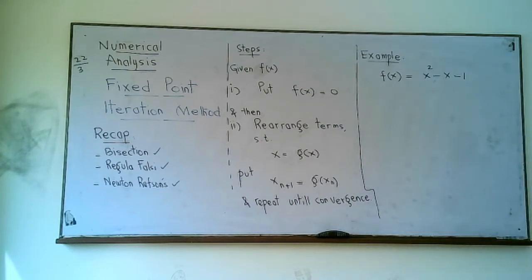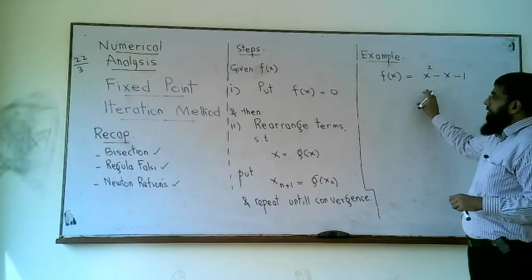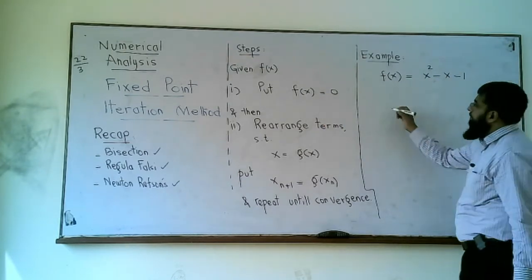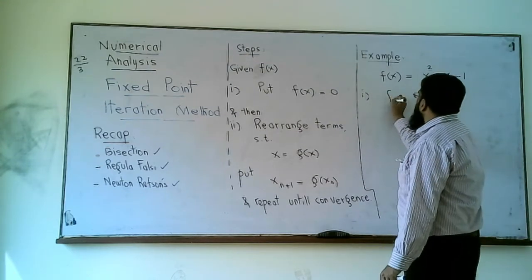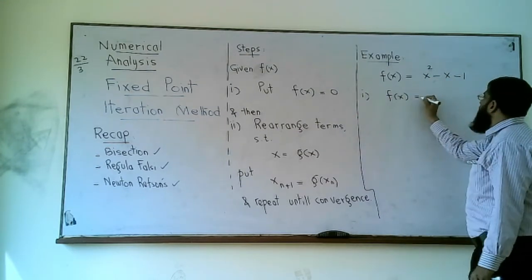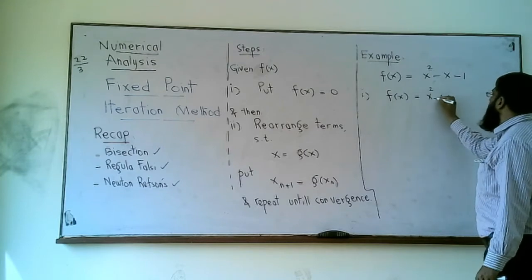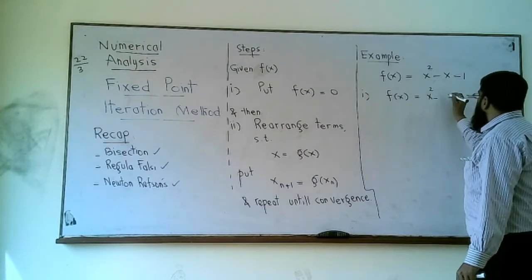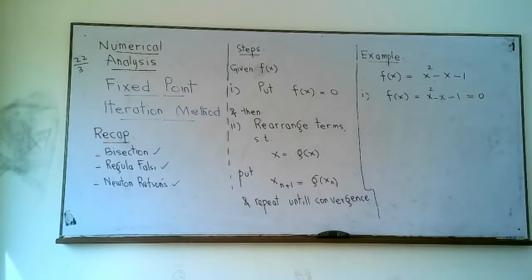We'll solve two examples in this lecture. The first example is where we are given this f of x, and we'll apply step number 1: put f of x equal to 0. So x squared minus x minus 1 is equal to 0.